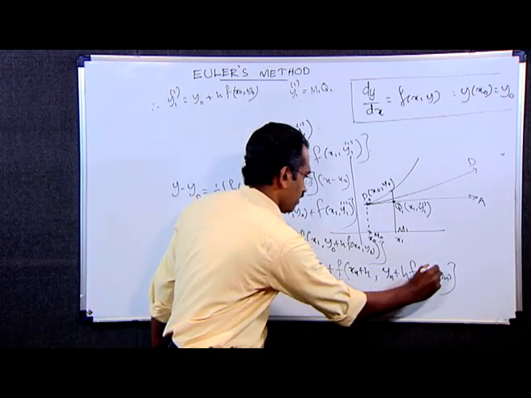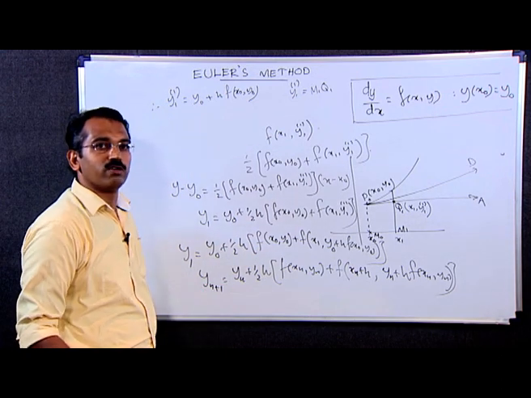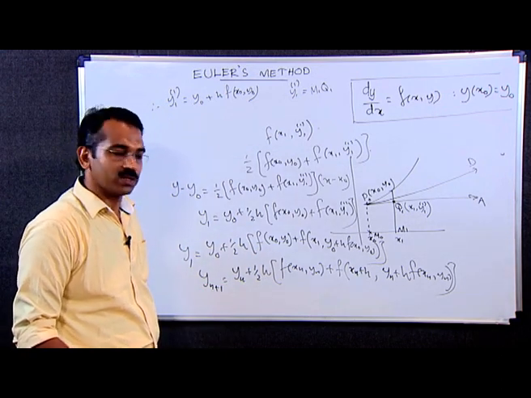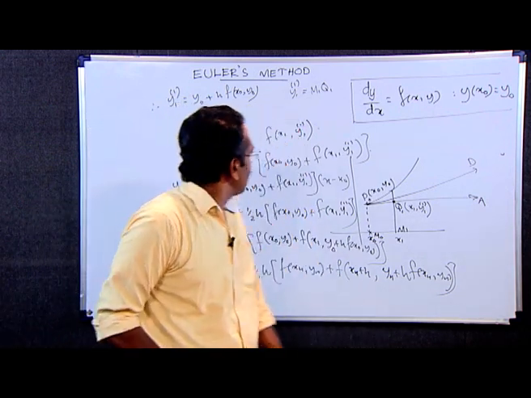This is the general formula of the modified Euler's method. Now consider this example.